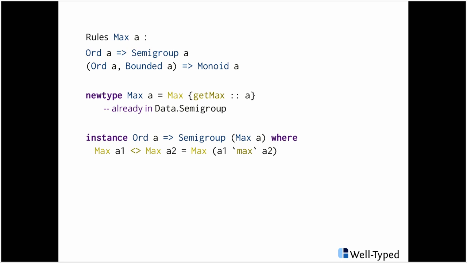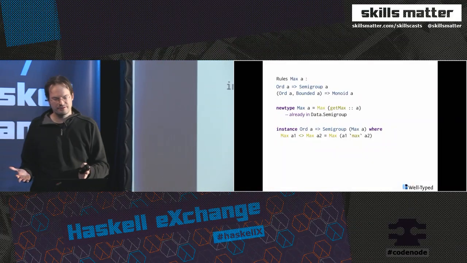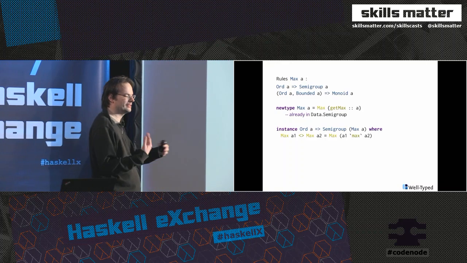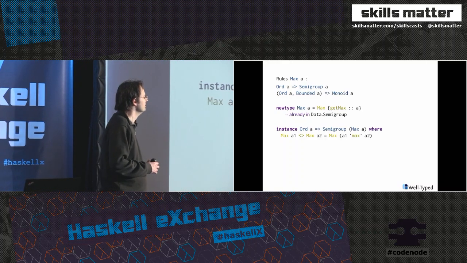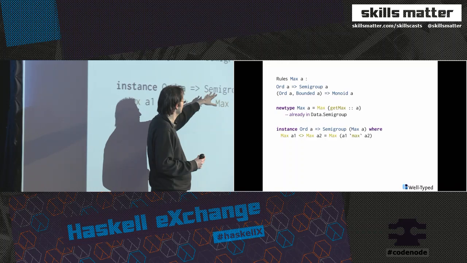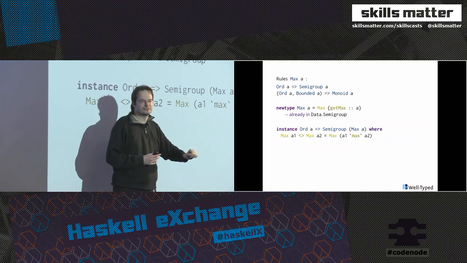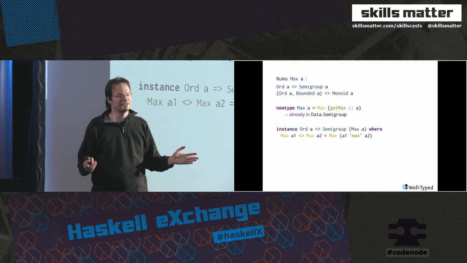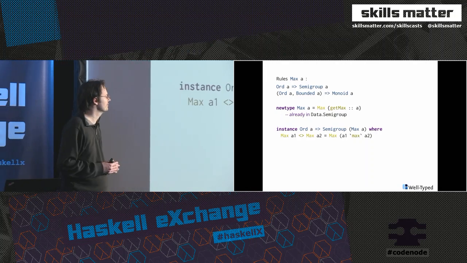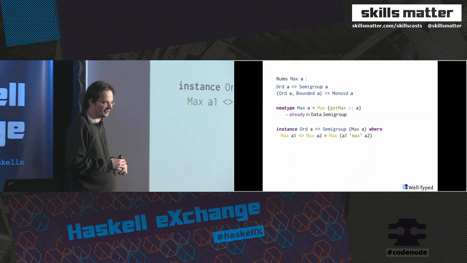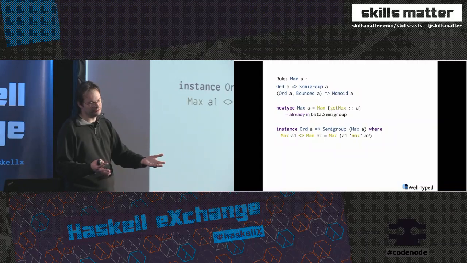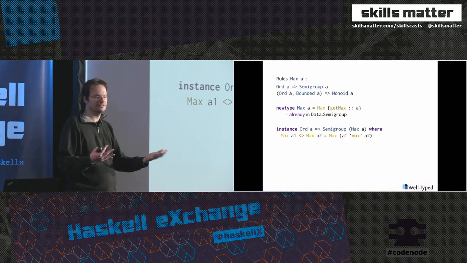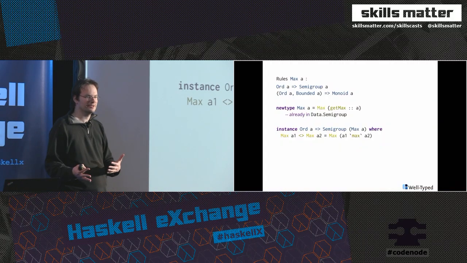Right? So you might wonder why we cannot just write instance Ord A => Semigroup A. Right? But if you think about it, that is legal Haskell, but it's not particularly useful in practice, because of the way that instance search in Haskell works, it then says, okay, this instance matches any potential Semigroup instance, right? It's overlapping with anything that you ever define for a Semigroup. And then you have overlapping instances, or if you have multiple rules to form semigroups, you don't have any way to distinguish them or select one over the other.